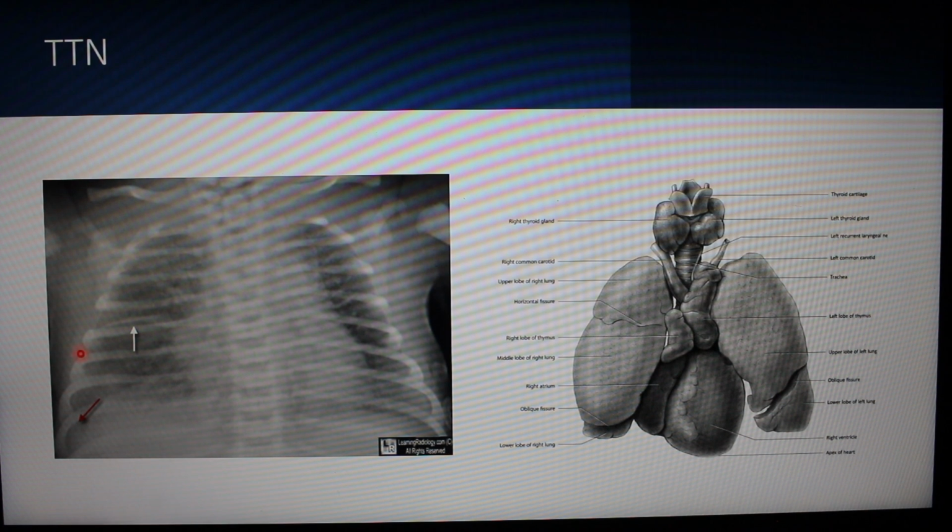This baby was born at 38 weeks. He's a couple weeks before his due date. Up until the moment he is delivered, he's continuing to make fetal lung fluid. So there's a lot of fluid here that needs to be reabsorbed. This picture shows a lot of fluid in the fissure, fluid in the lungs that just needs to be reabsorbed before the baby can recover.